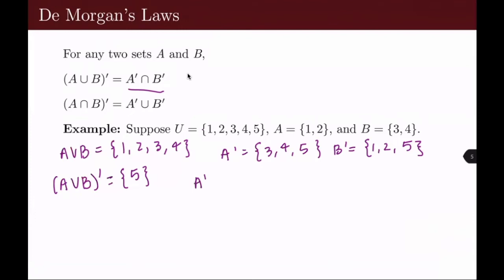Now A complement intersected with B complement is going to be everything in our A complement set and in our B complement set. The only number that these two sets have in common is 5. So you can see here that our first De Morgan's law does hold up. A union B complement does in fact equal A complement intersected with B complement.